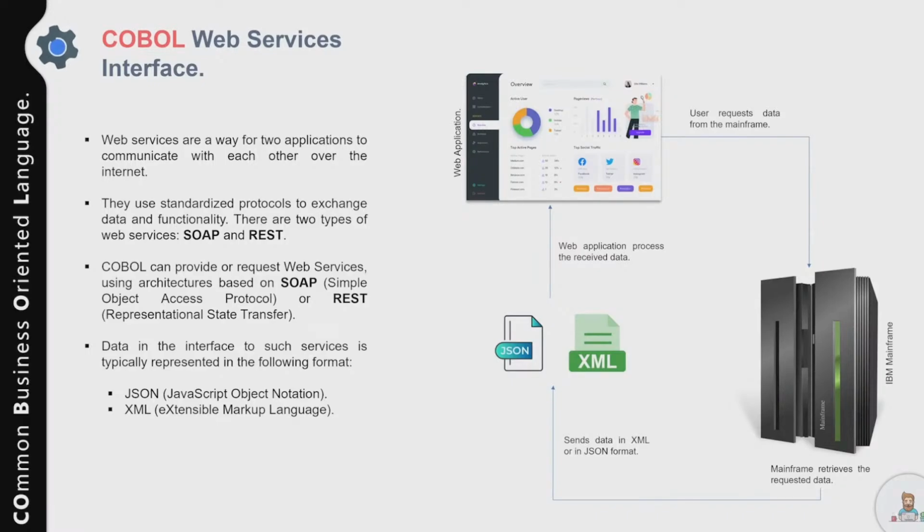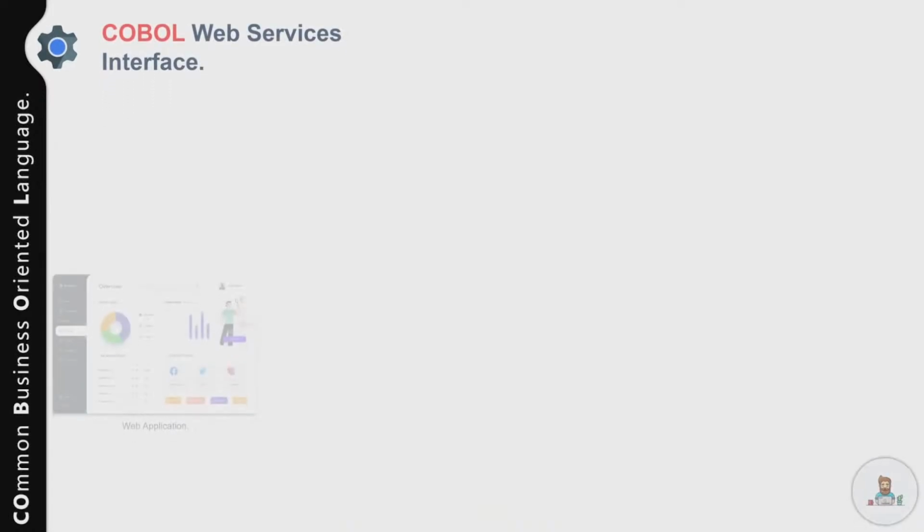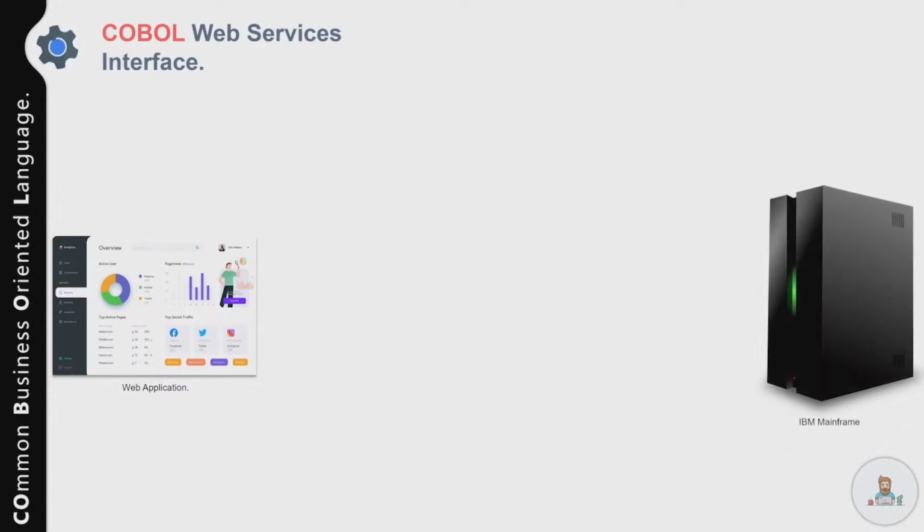Now let's try to understand the different statements provided by COBOL, which can be used to generate either a JSON file or an XML file. Apart from that, you can also consume JSON or XML messages or documents in your COBOL program. If you look at the diagram, on one side you have a web application hosted on a non-mainframe platform, and on the other side you have a COBOL application hosted on the IBM mainframe.